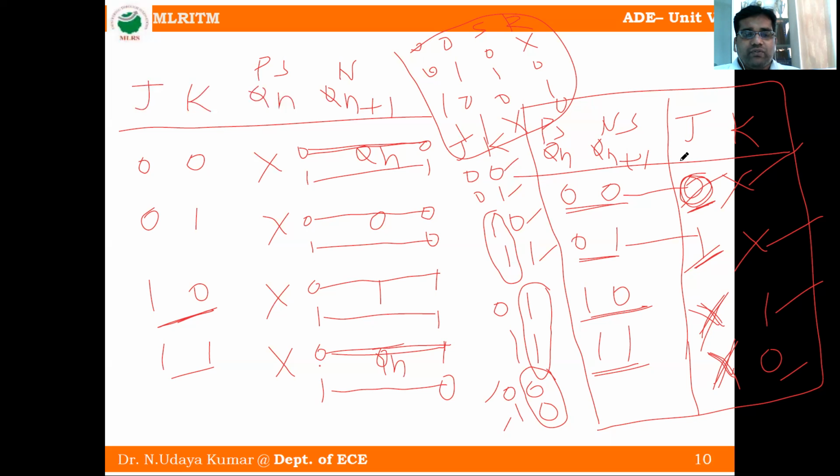After that, we found the excitation table from the extended truth table. The excitation table is nothing but the mandatory inputs, which inputs we have to give for the JK flip-flop. That is called the excitation table. Understood? Okay, thank you.